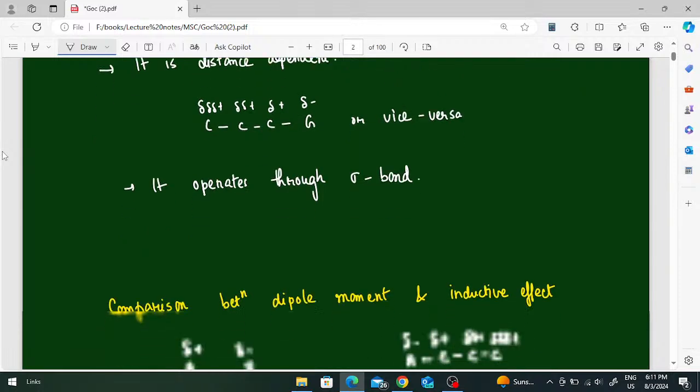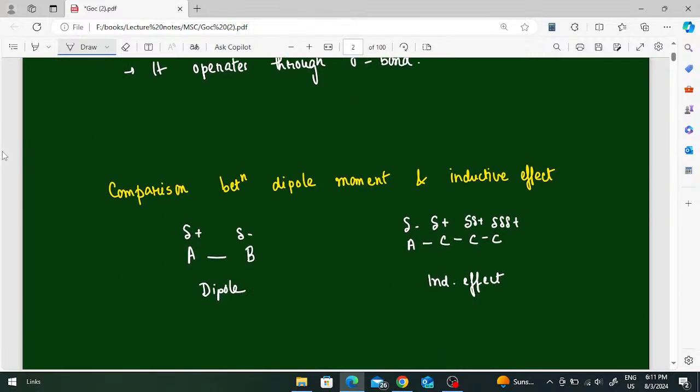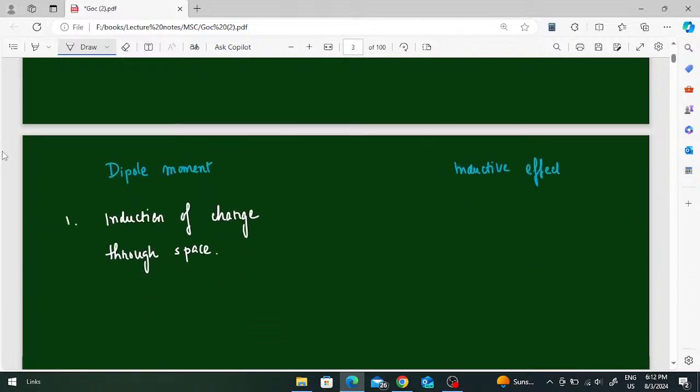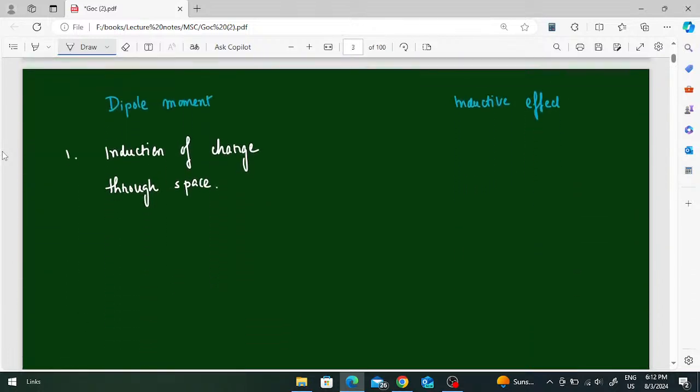Whatever charge is being distributed goes through this sigma bond itself. This is a sigma bond, and it affects through this. So it moves here from here and like this. Whereas in dipole moment, it operates through space. So here induction of charge is through space, whereas here the induction of charge is through the sigma bond.